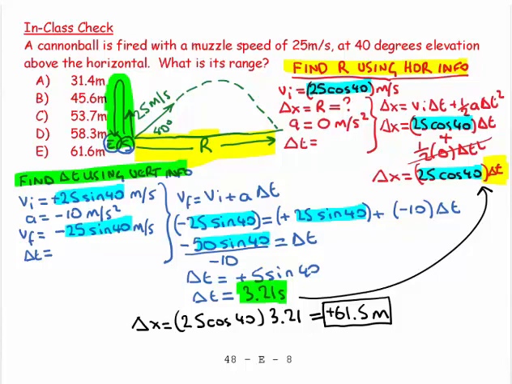Final point. You may have seen this problem before because it's quite a common problem. And you may have learned to look at this going from the start upwards and stopping at the top, because you know the final velocity vertically is 0. And so you can find your time that way.